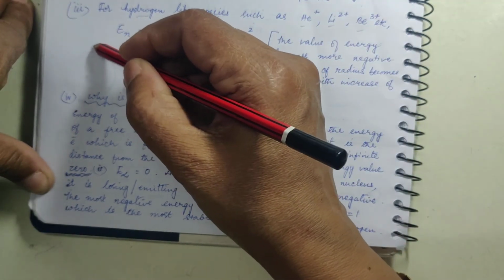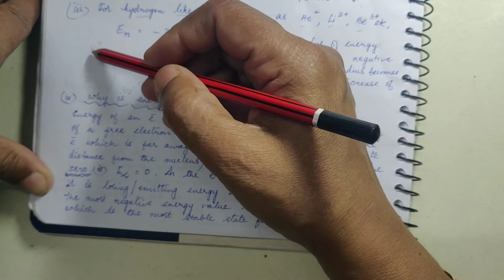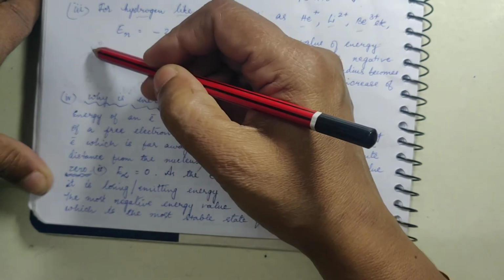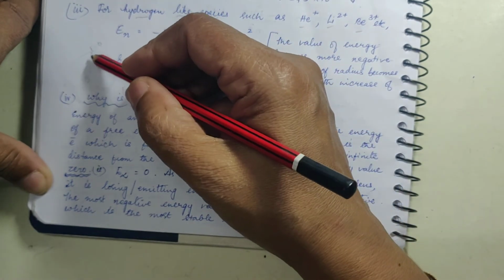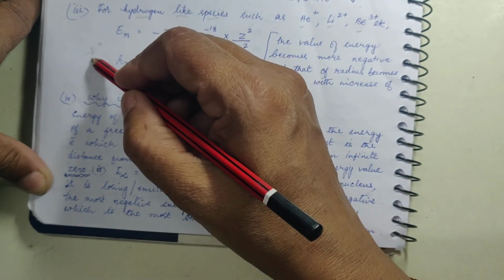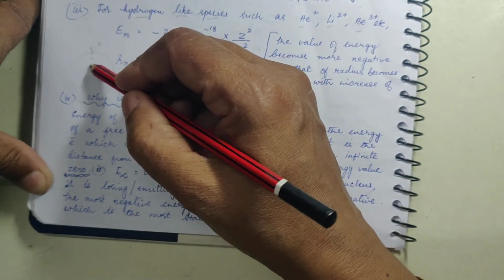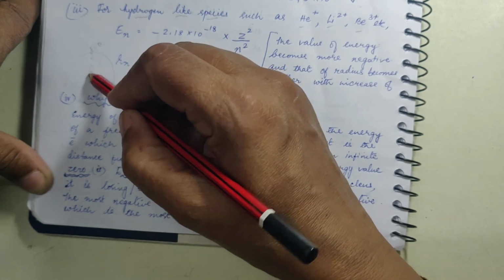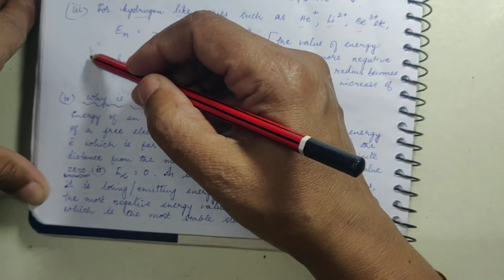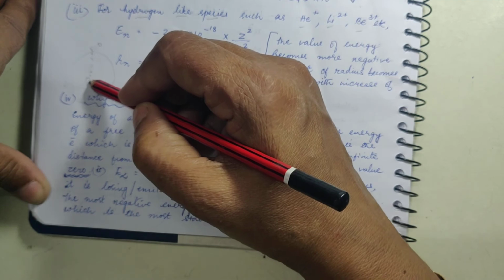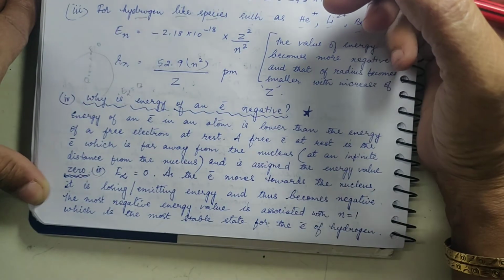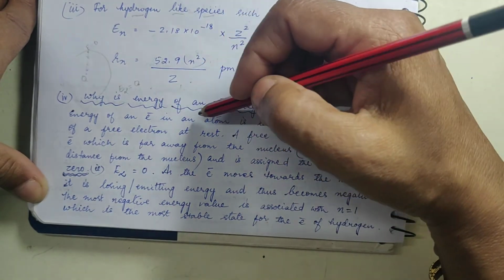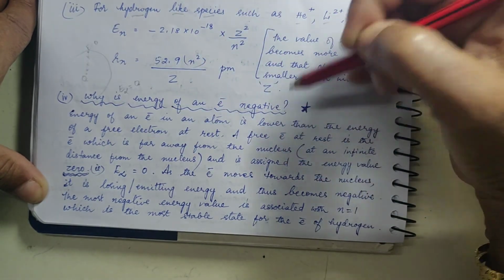Here its energy is 0. Now when it is moving towards the nucleus, it is emitting energy. So from 0, when it is emitting energy, E will become negative. Here it will become more negative. Here more negative. Here more negative. So as and when it goes near the nucleus, its energy will become more and more negative. That is why you say energy of an electron is negative.